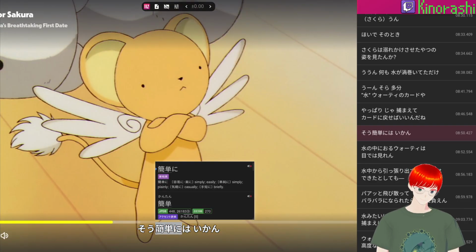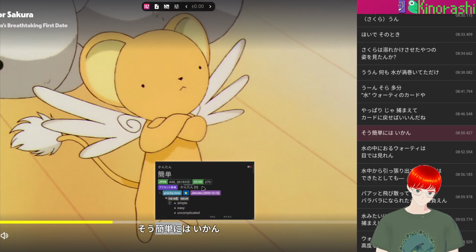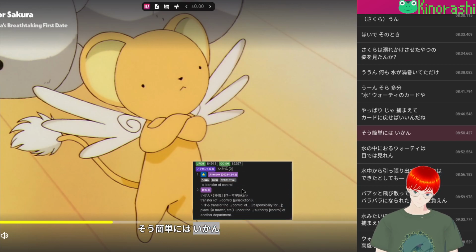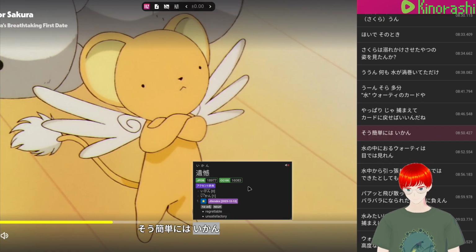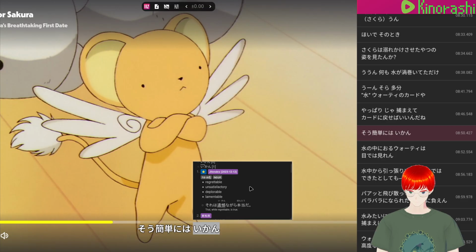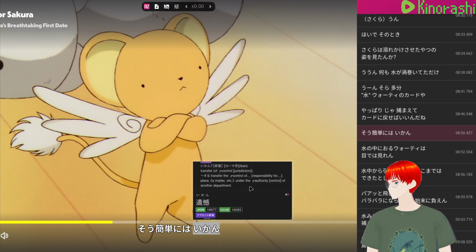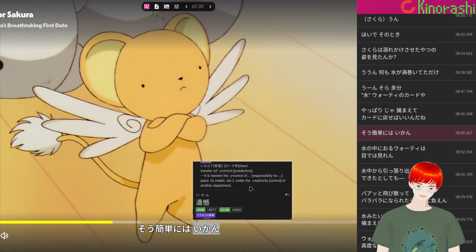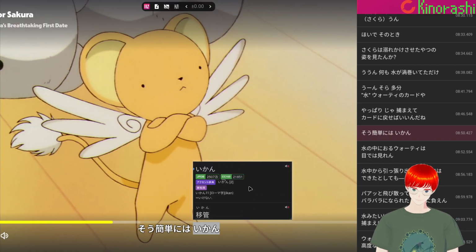So, kantan, simple, easy. Econ. I've seen this from somewhere. Wait, wasn't econ like the Kansai way of saying dame?